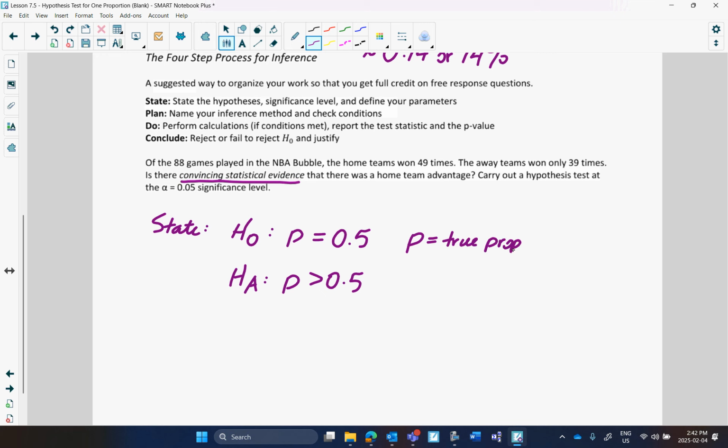True proportion of home team wins, you could say. Now here, if you want to remind yourself what the alpha level is, the significance level is, you don't have to write this, but you could. It's not really that necessary.